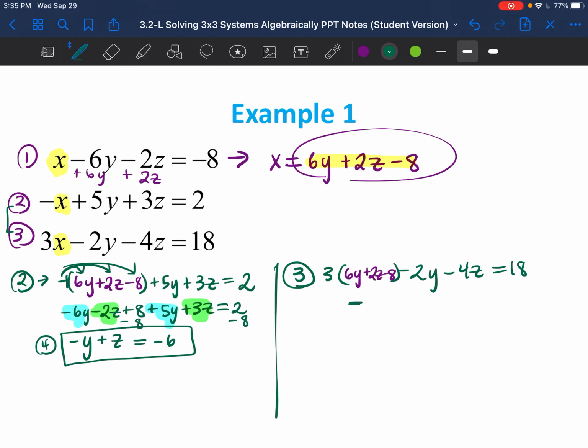We're going to do the same thing over here to get equation 5. Distribute your 3.